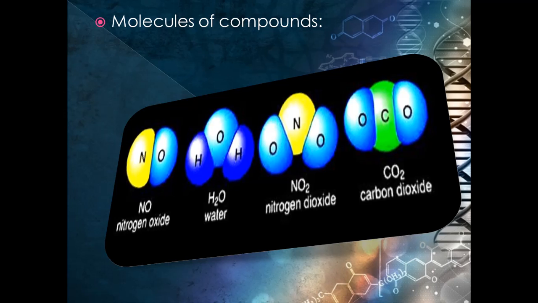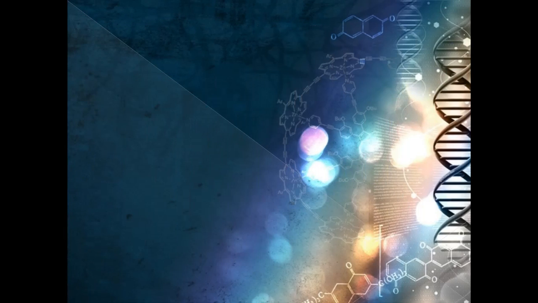Now, these are the molecules of compounds. You can see nitrogen oxide NO, water, nitrogen dioxide, carbon dioxide. So, these are examples of molecules of compounds.